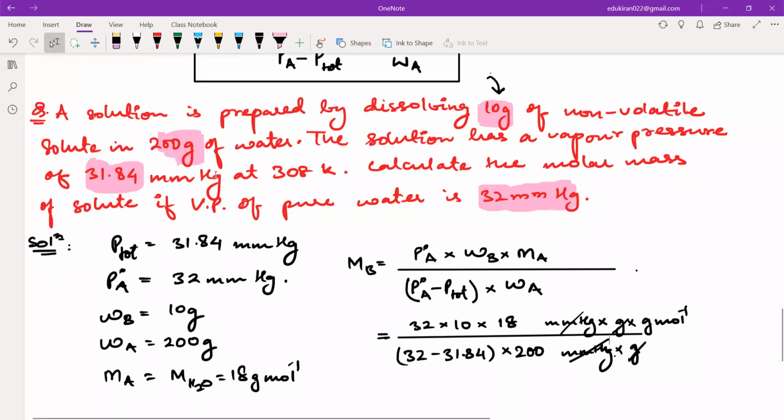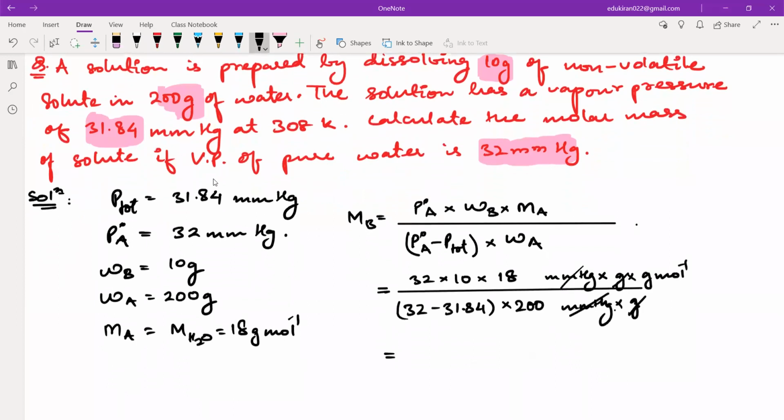So please calculate this. Is Saif correct? Sridhar, Rufia, waiting for your answer.